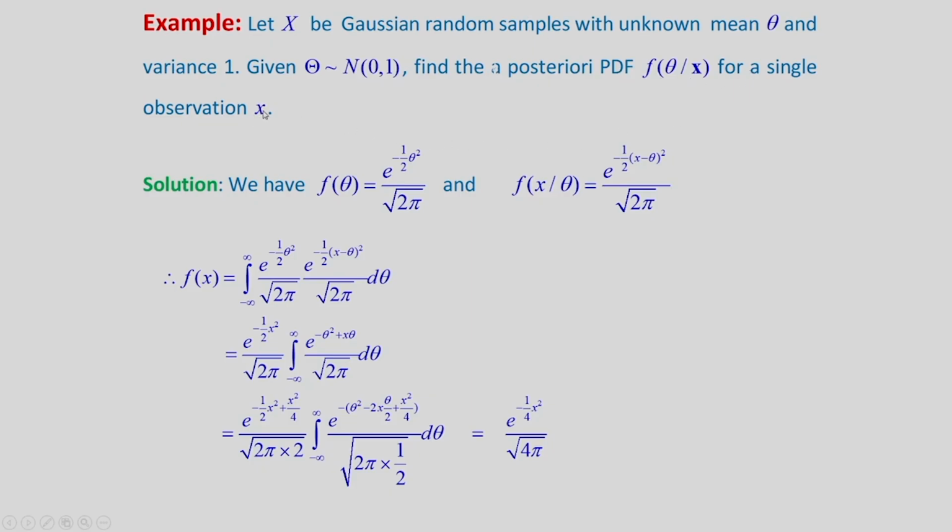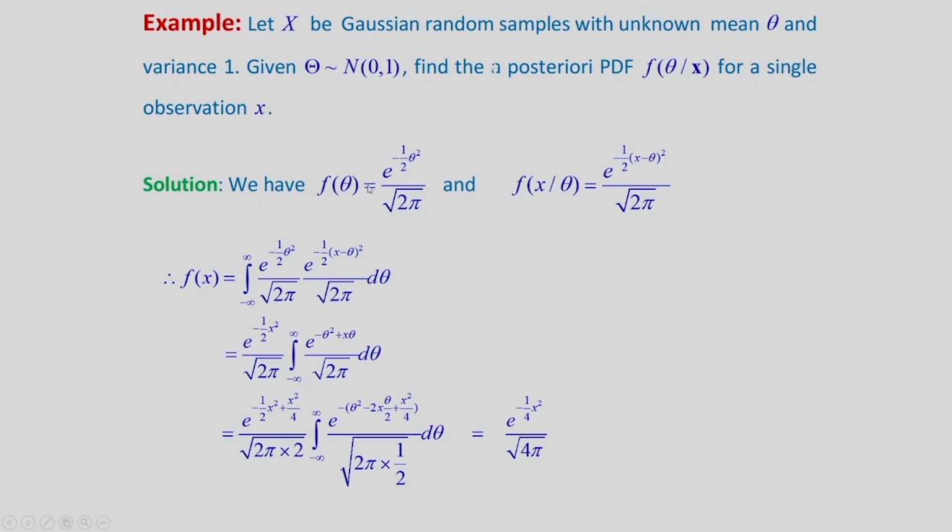In this case, only one observation is there, and given that theta, that parameter, is distributed as a normal random variable with mean 0 and variance 1. So, let us solve this problem. We have to find the a posteriori PDF f of theta given x. Now, we have f theta, this is normal with mean 0 and variance 1.